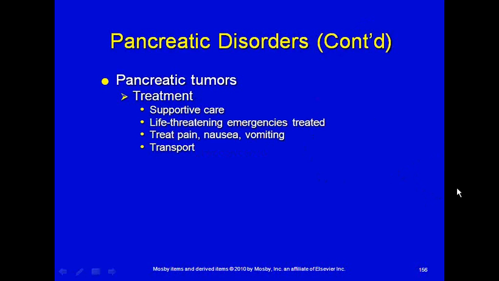Treatment is supportive. If there are any life-threatening emergencies, certainly treat those. If they're in a great deal of pain, treat the pain. If they have intractable vomiting and lots of nausea, some Zofran certainly would be appropriate, as long as their vital signs support all that, and then transport.